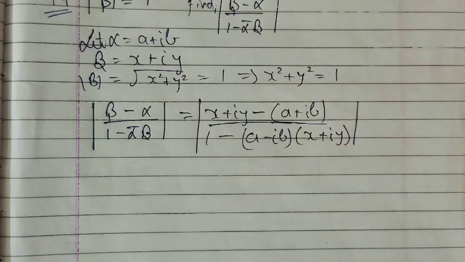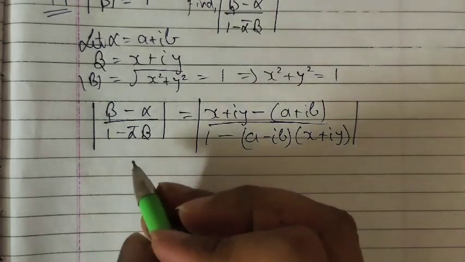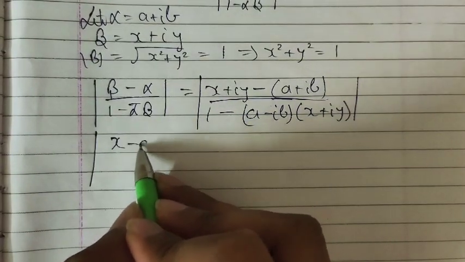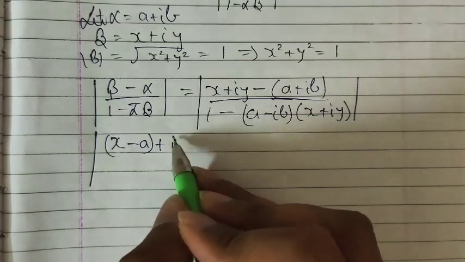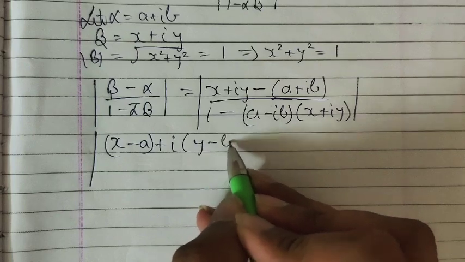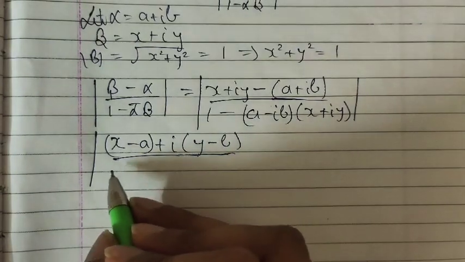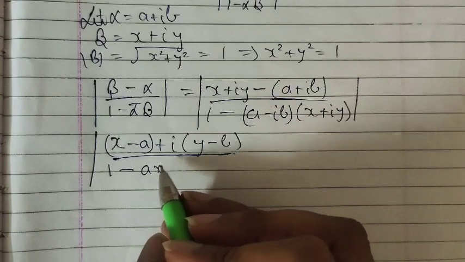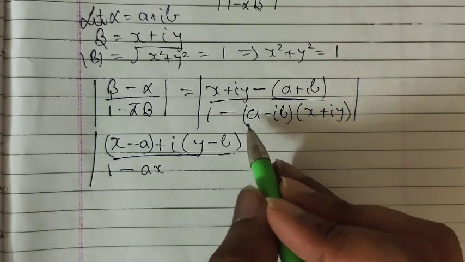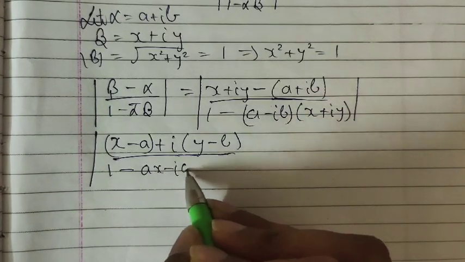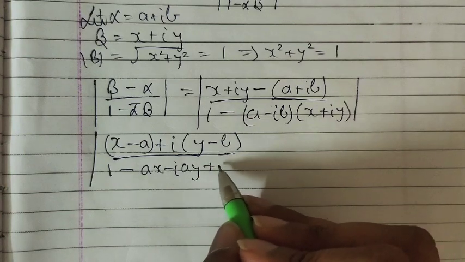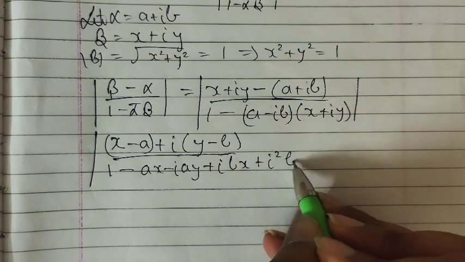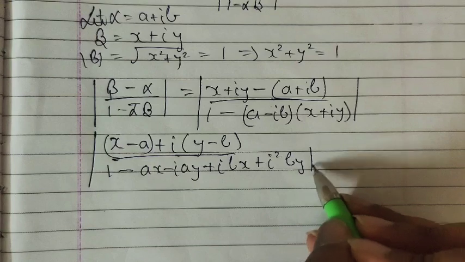So on simplifying we get modulus of x minus a plus iota y minus b, divided by 1 minus ax, minus is outside, so 1 minus ax minus iota ay plus iota bx plus iota square by, right, iota square by.